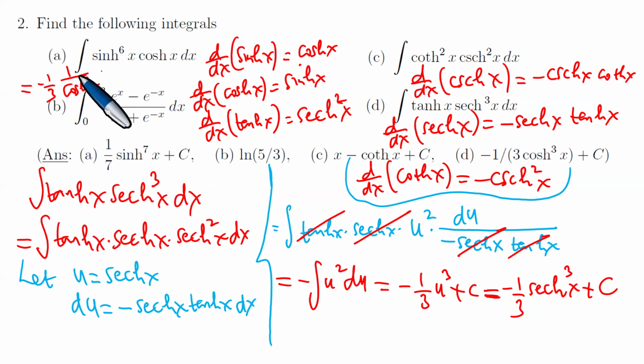We add c because there are no limits of integration in D, and the integral in D is called the indefinite integral. So indeed the answer to D is correct, but the answer to C, hang on, no, it's not. We've spent a significant amount of time trying to digest the answer to C, but it's not correct.